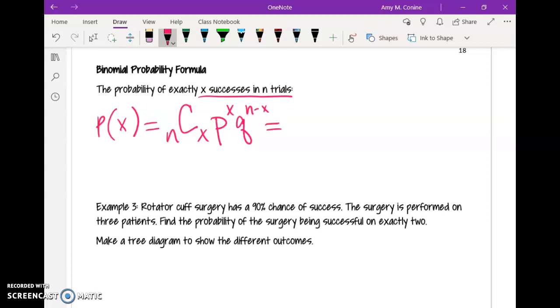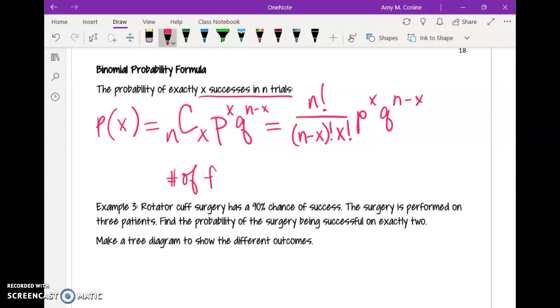So what that also equals, you have N factorial over, so number of trials minus your successes factorial, times your successes factorial, times P to the X, and Q to the N minus X. So just as a reminder, your number of failures is the N minus X. It's showing if you have X successes, you take that away from your number of trials, you should have your failures.